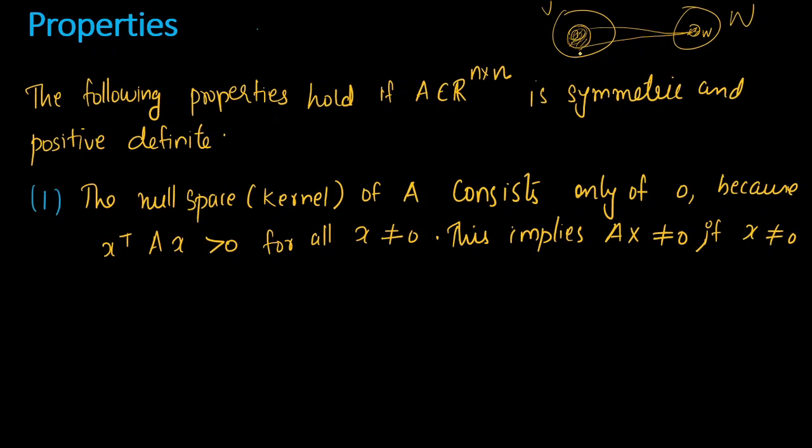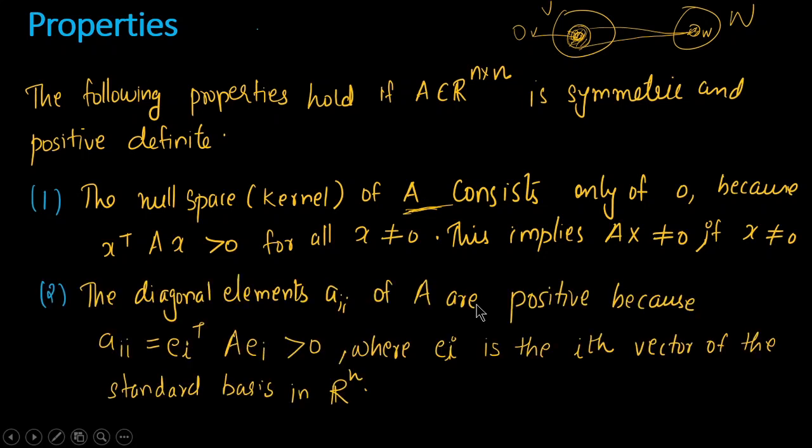So what this first property says is that the kernel of A will consist only of 0. This kernel will contain only the 0 vector of vector space V. That is the condition because it is a positive definite matrix. That is why it should always be greater than 0. Then the second condition is that the diagonal elements a i i of A are positive.